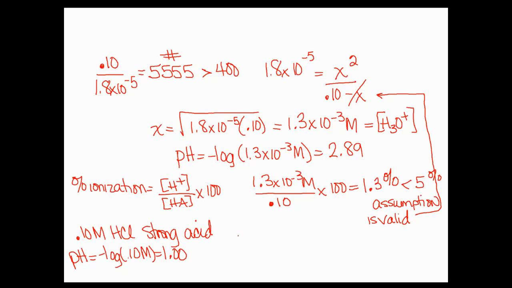And so do you see such a big difference in pH? The pH for the weak acid is 2.89 at that concentration, whereas the pH for the strong acid is much lower. And that's because the strong acid's 100% ionized, and the weak acid's only 1.3.